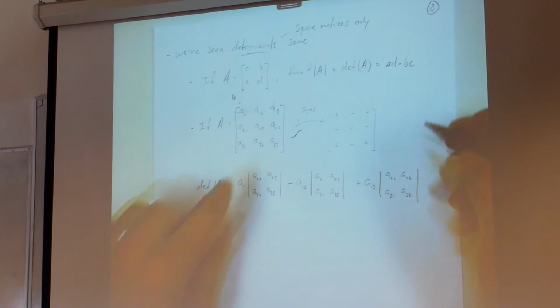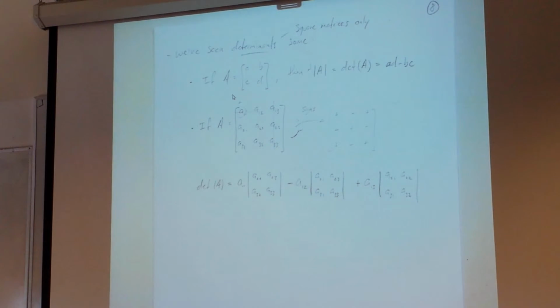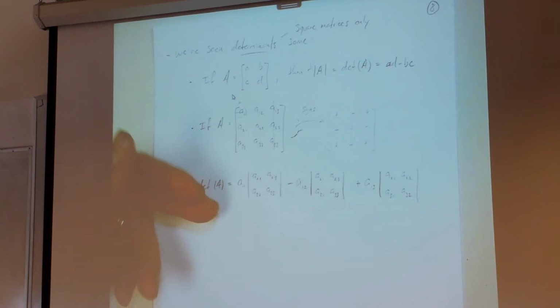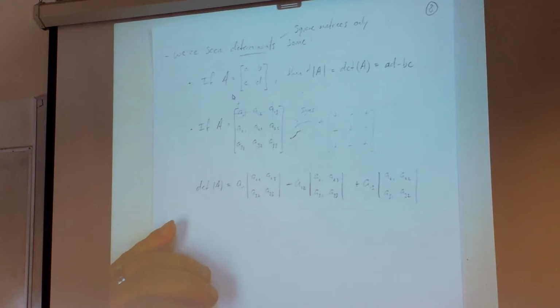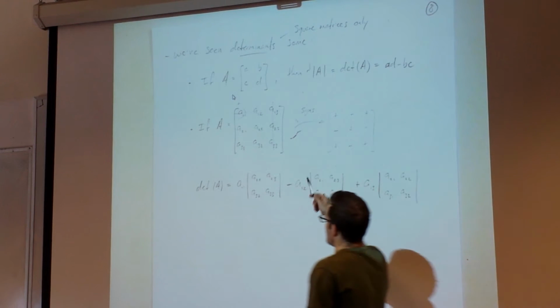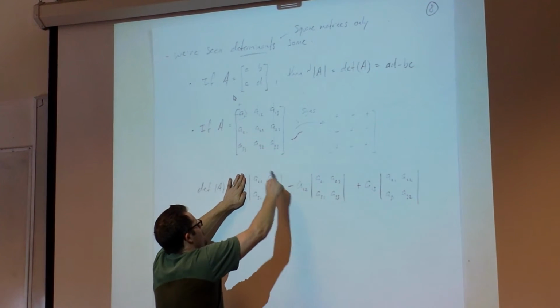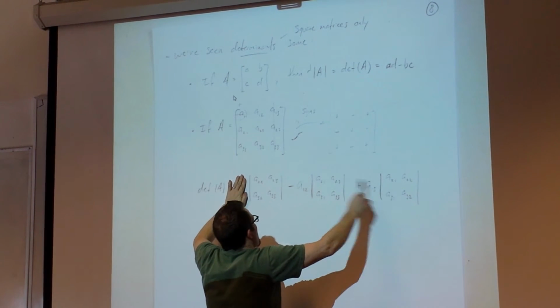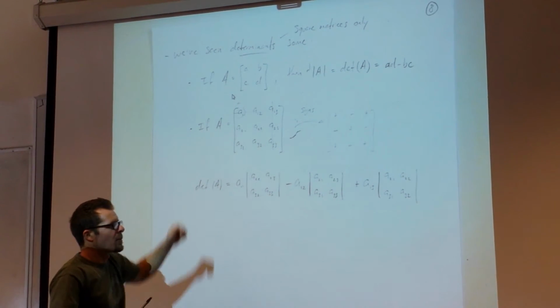So that's expanding along the first row. Higher-dimension determinants are defined recursively. If I know how to find the determinant of a 2 by 2, then the determinant of the 3 by 3 is defined in terms of 2 by 2 matrices. If I know how to do that, then I can find the determinant of the larger one.